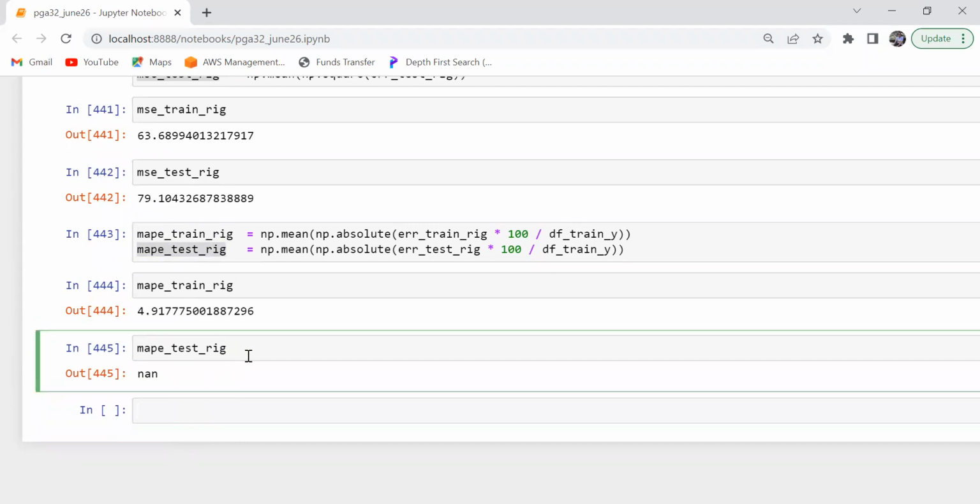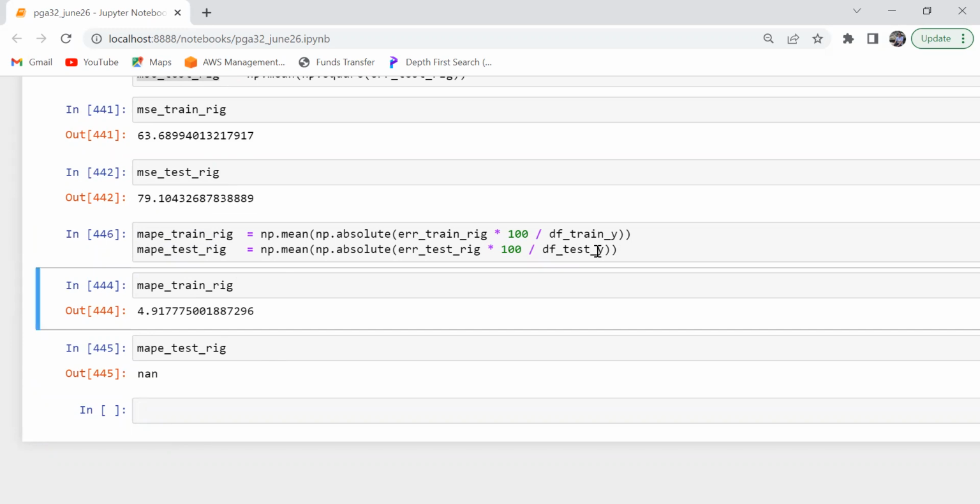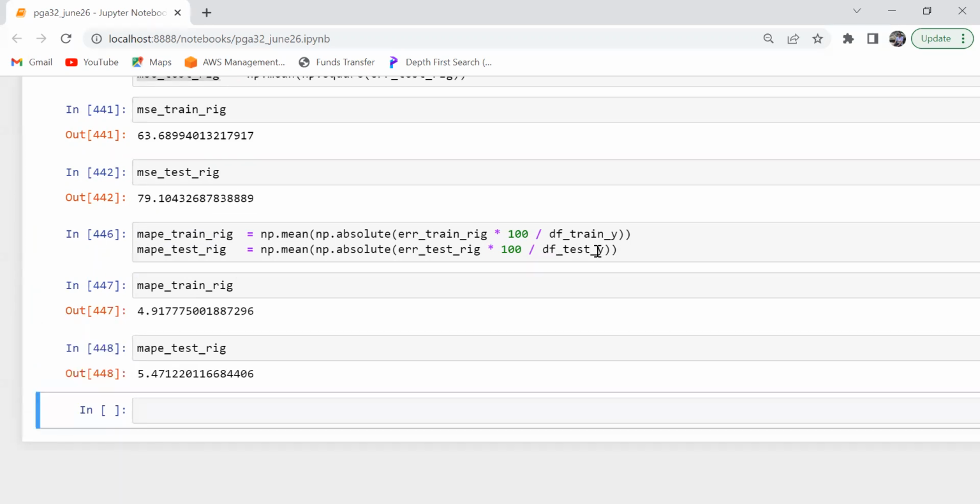NaNs आ गया, इसमें कोई तो एक वैल्यू 0 आ गई. अच्छा हाँ, sorry, my mistake. 5.47. Now do you notice? Previously the MAPE was in millions. Now it has come to just 5.47.